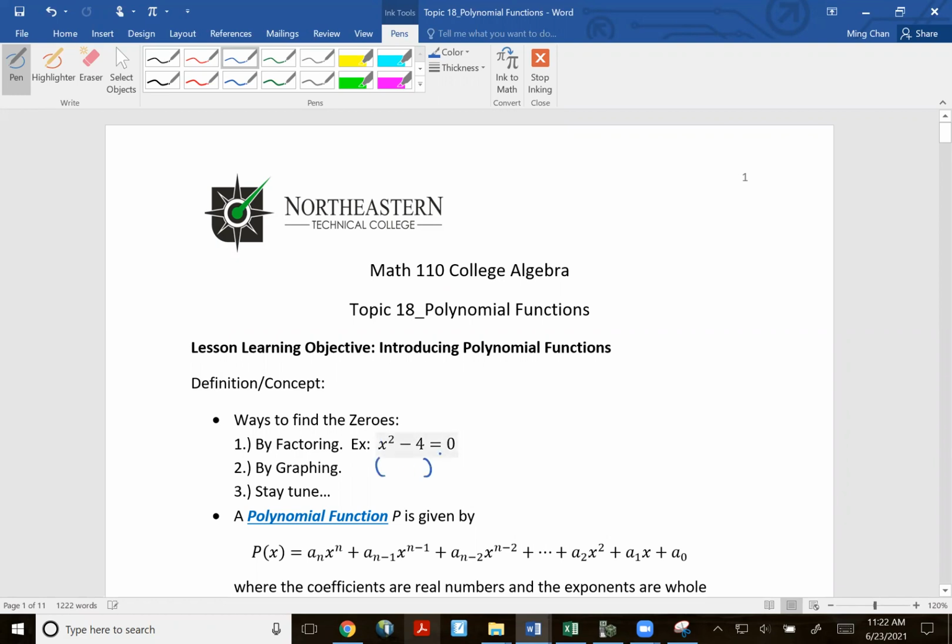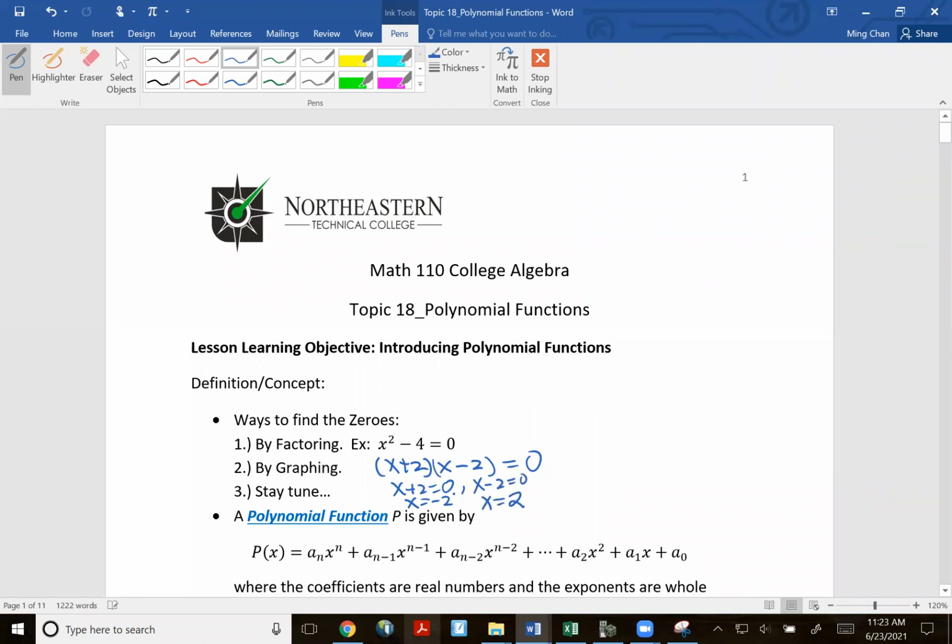So this is a difference of squares. By factoring, I simply factor the difference of squares. That'll be x and x, 2 and 2, one positive, one negative. Set each factor equal to 0 and solve for x. So one zero is negative 2. The other zero is positive 2.